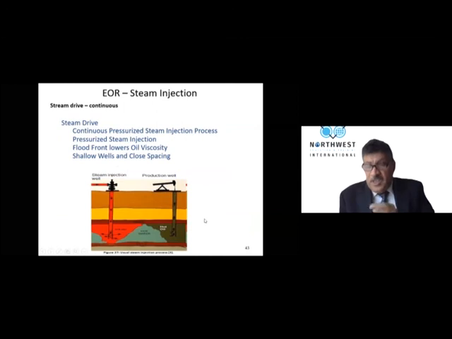Otherwise, you lose the heat. So the spacing should not be big. Inject the steam and keep injecting steam. You have a steam generator and a steam injector, and the steam will push the oil to the other side. So here we have both viscosity being reduced and the pressure also building up.